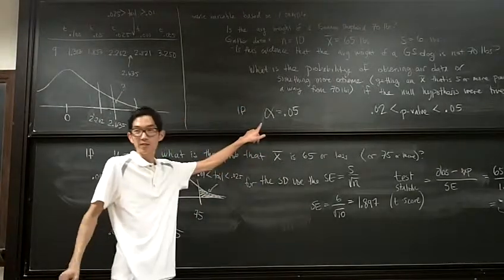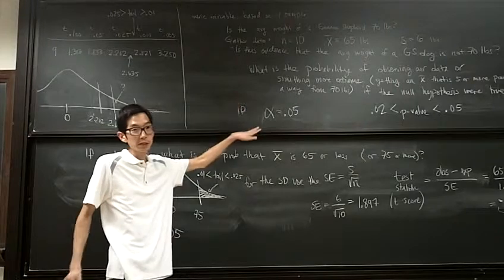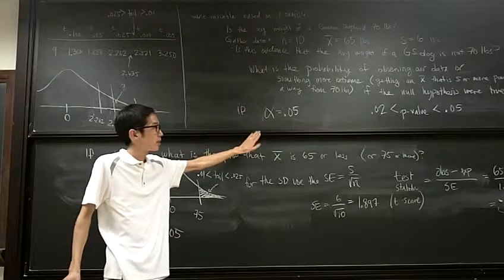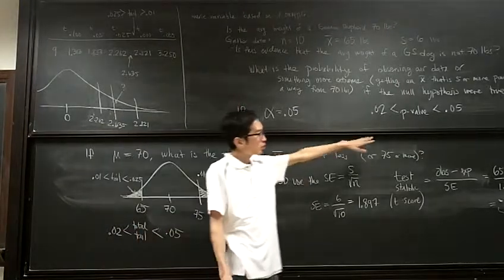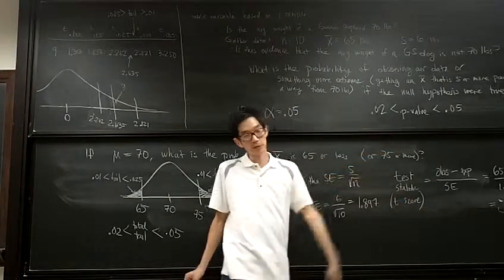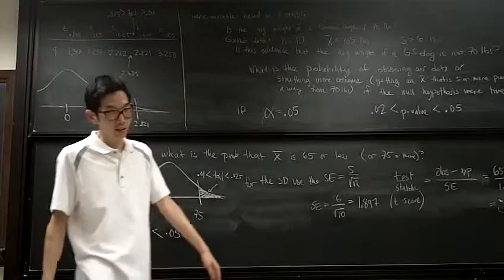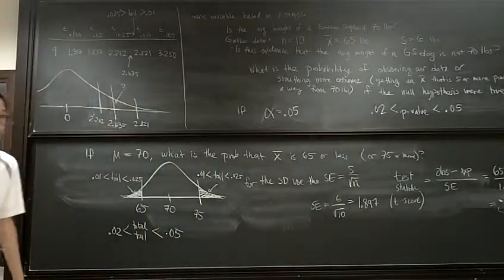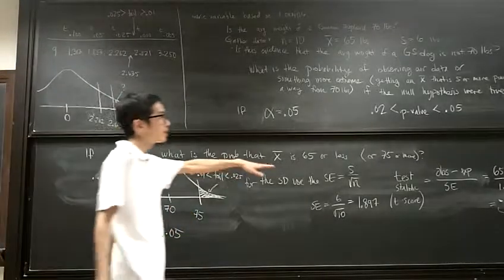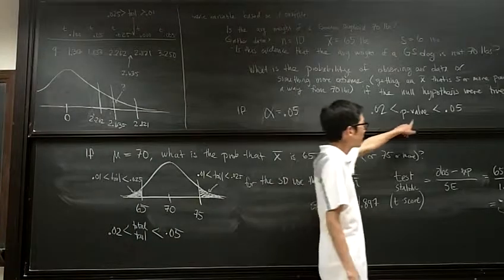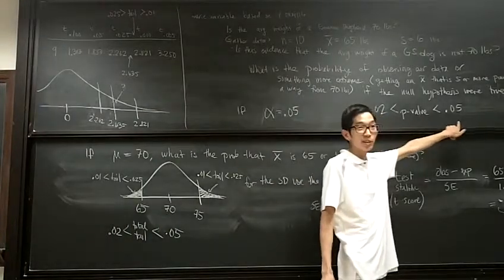We learned this, right? Significance level, so if my significance level is 5%, is my p-value bigger than my significance level or smaller? Smaller, right? I don't know exactly what it is, but I do know for sure that my p-value is less than 5%.